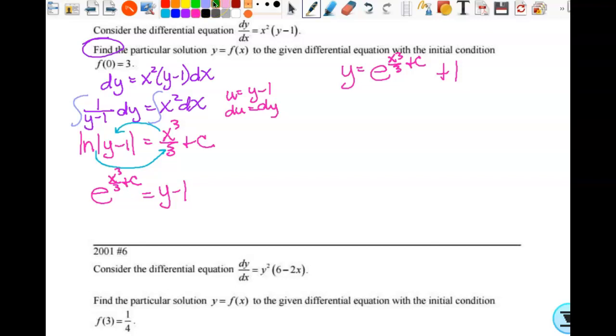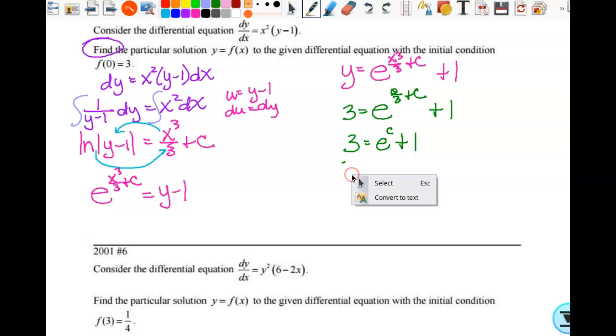Substitute. Okay, so y is 3. That's equal to e to the 0 over 3 plus c power, right? Plus 1. So 3 equals e to the c plus 1. Then I subtract.